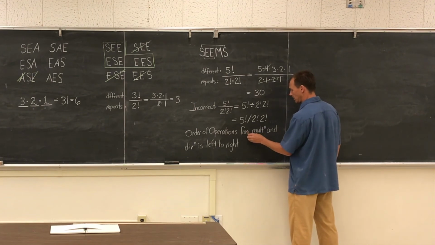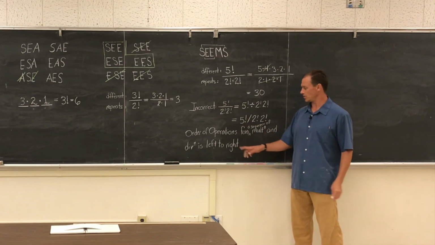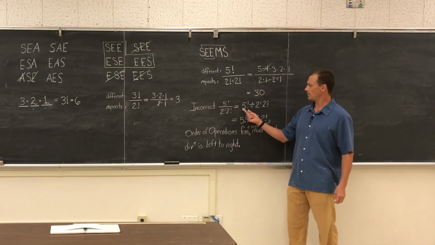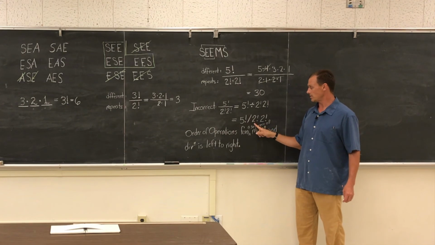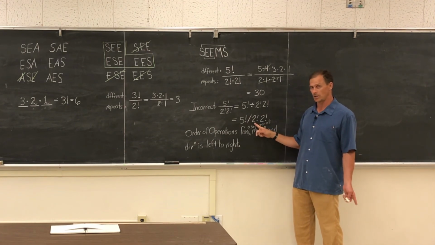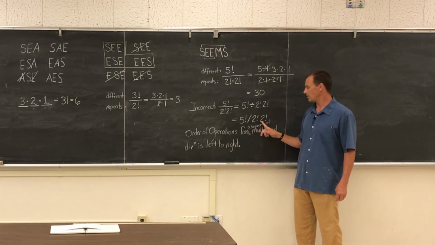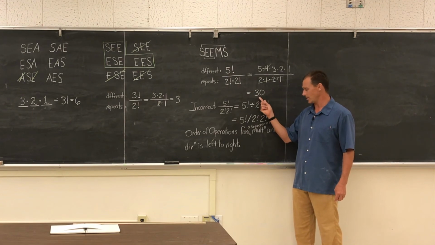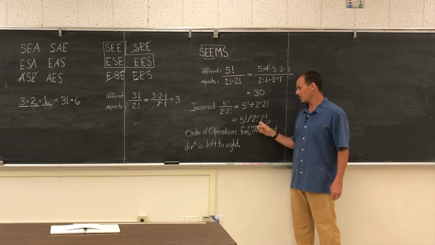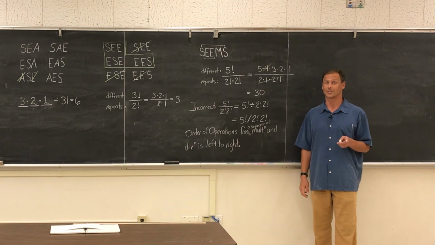For a sequence of multiplication and division, it is left to right. So what does that mean? That means you would take 5 factorial, which we already said is 120. You would divide it by 2 factorial, so you divide 120 by 2, that would be 60. But what's this? This is multiplication. This is going to take your 60 and put it back up to 120. You should get 30, not 120. So how do you fix that?